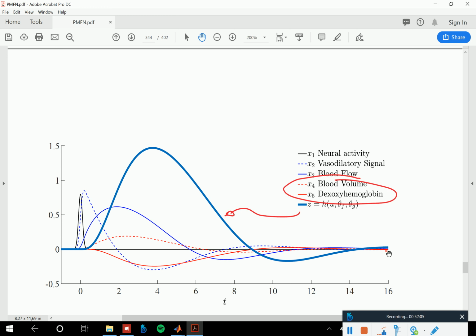So the whole point, if you are annoyed already now by DCM for fMRI, the whole point of X2 to 5 and the observation function is to link the neural activity to this in a mechanistic biophysics, meaning the MR signal generation process manner.